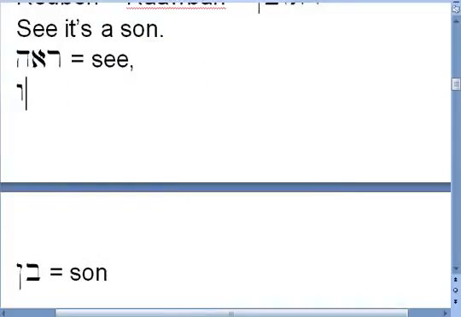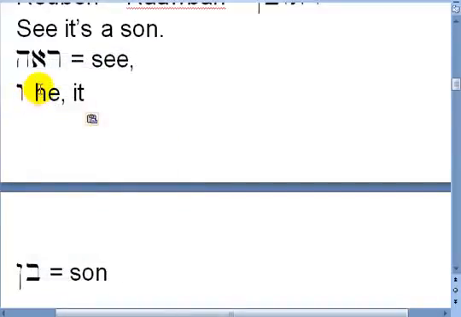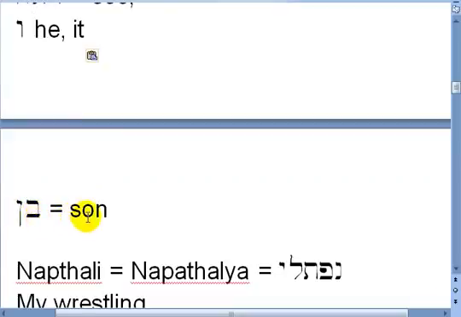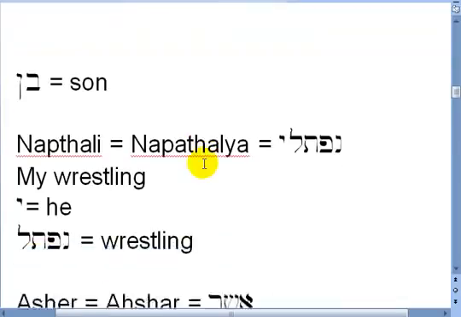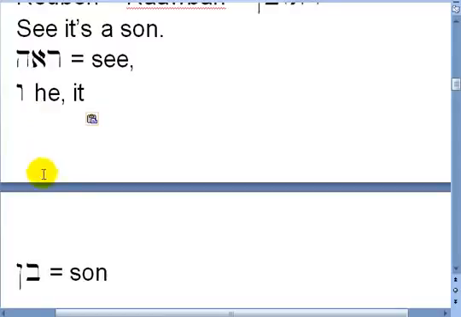Paste. So the ra'ah, as you see here, is see, the wa is he or it, and then the bun at the end there is son. See, it's a son. The reason why I didn't realize that this was here is because it got separated on the page.